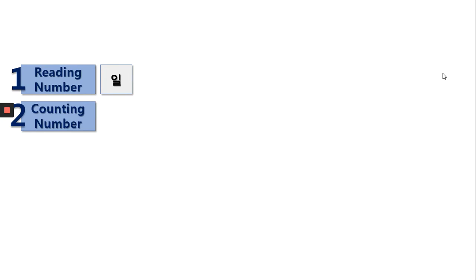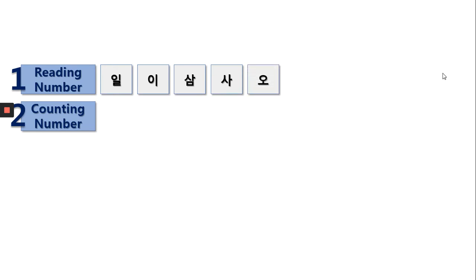Reading number, maybe some of you already know. What is 1 in Korean? 1, 2, 3, 4, 5, 6. Especially you need to be careful. The pronunciation of 6, this one is not yuk.